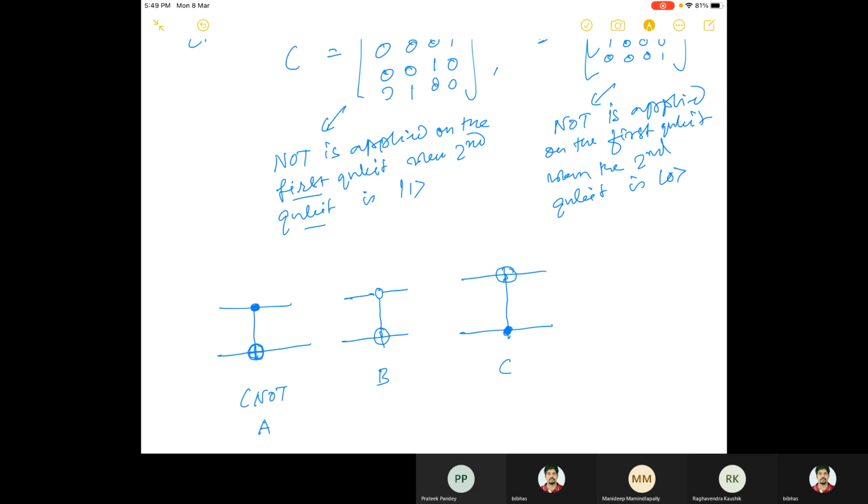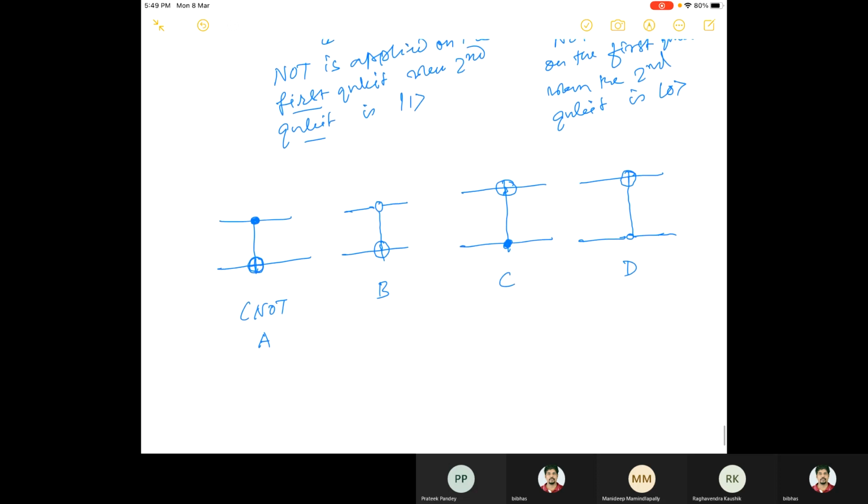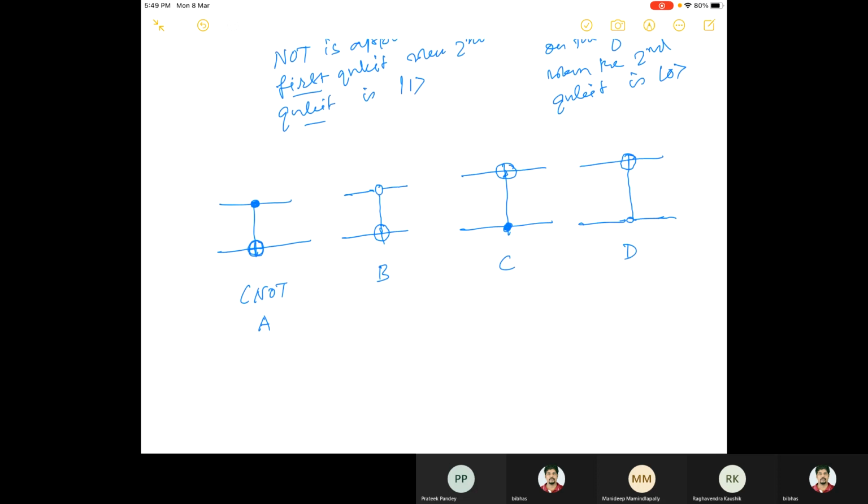This is my C. And D is the same thing, but instead of completely filled with this color, it is blank, and then we'll have an addition here. So this will be my D. These are the icons for my generalized NOT gate.